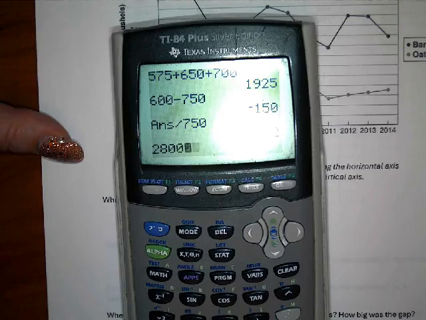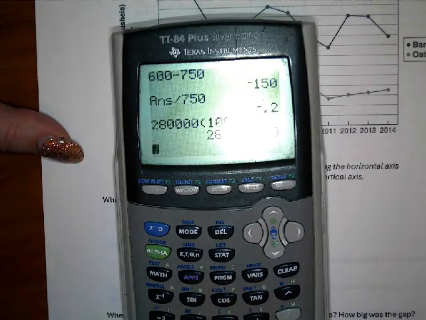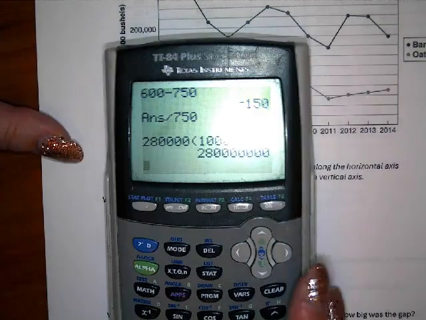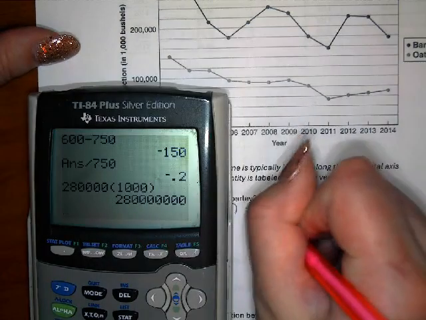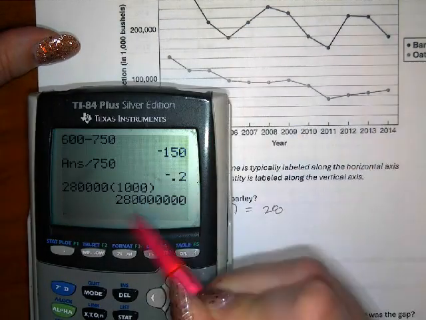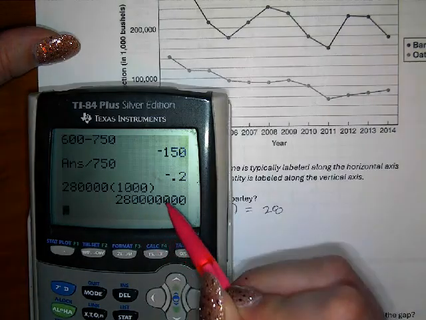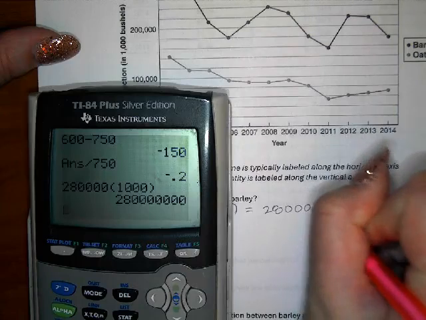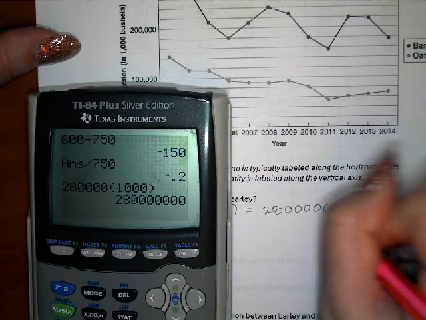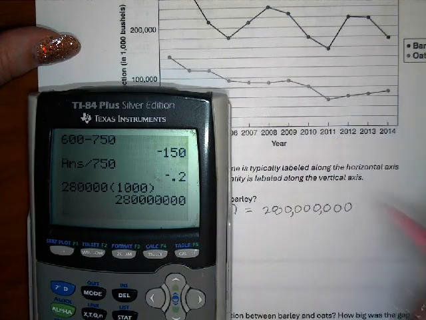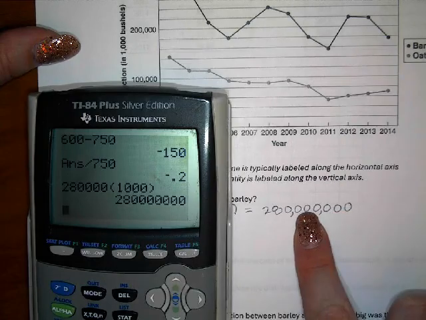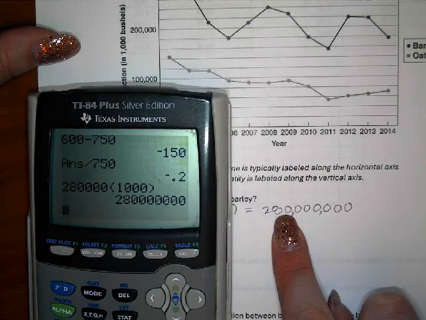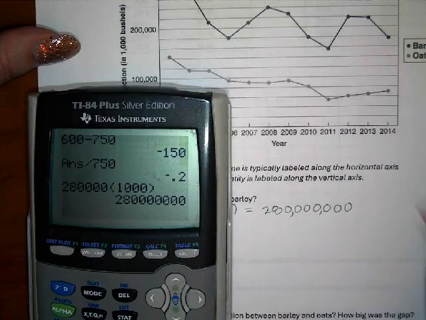Okay, so we can go ahead and write this down. 1, 2, 3, 4, 5, 6, 7 zeros. So hundreds, thousands, millions. 280 million bushels of barley is the highest production.